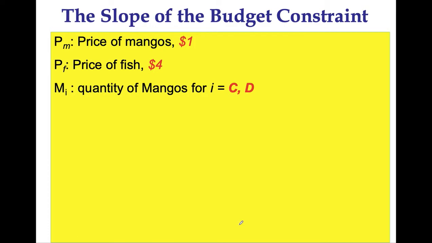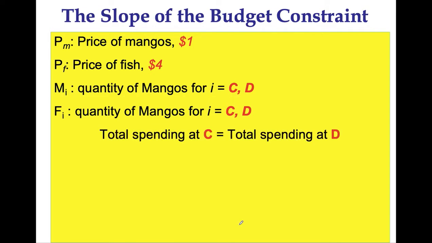Suppose Mi is the quantity of mangoes and Fi the quantity of fish, for i being C or D. We know that on any combination on the budget constraint, like C and D, the total spending should be equal. So total spending at C is equal to the total spending at D.